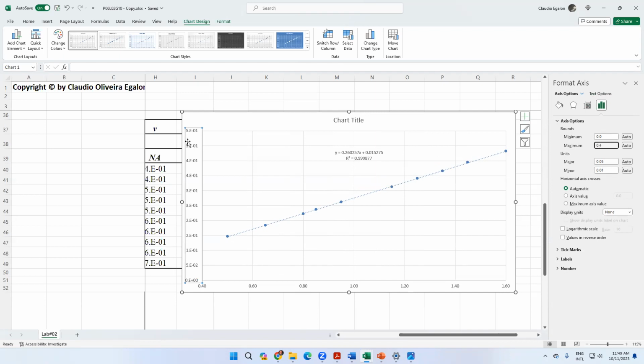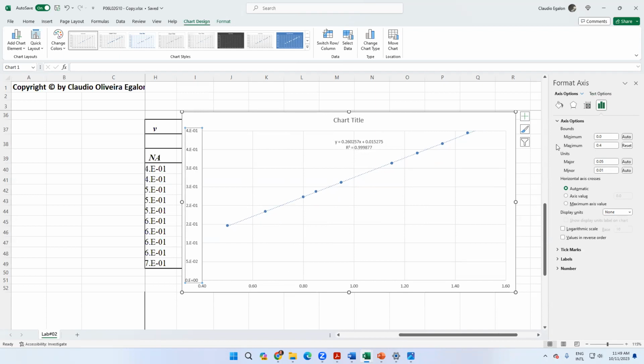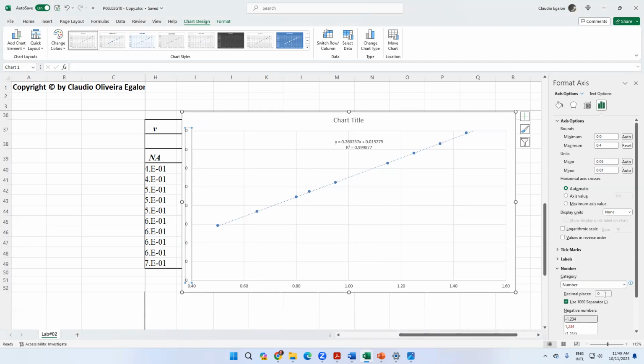Okay, this one, and I want to see this one. What am I going to do here? Number, not scientific. So switch it to number, 2 decimal places. Here you go.